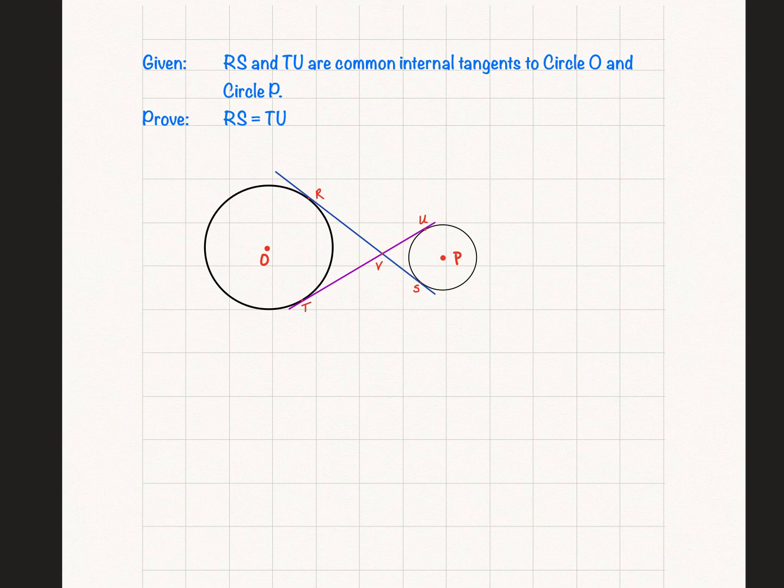So they're internal tangents, and we are trying to prove that RS equals TU. So we're trying to prove that those segments of the tangent, from point of tangency to point of tangency, are congruent. So we're going to do a two-column proof for this one. So we'll have our statements and reasons.